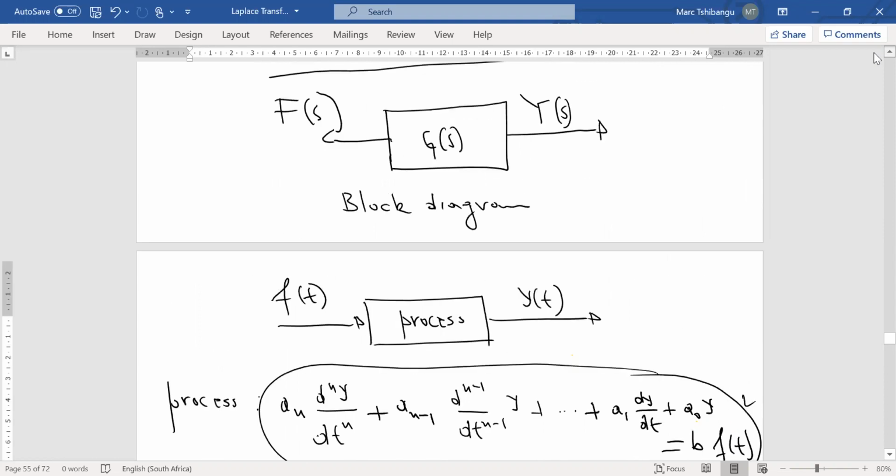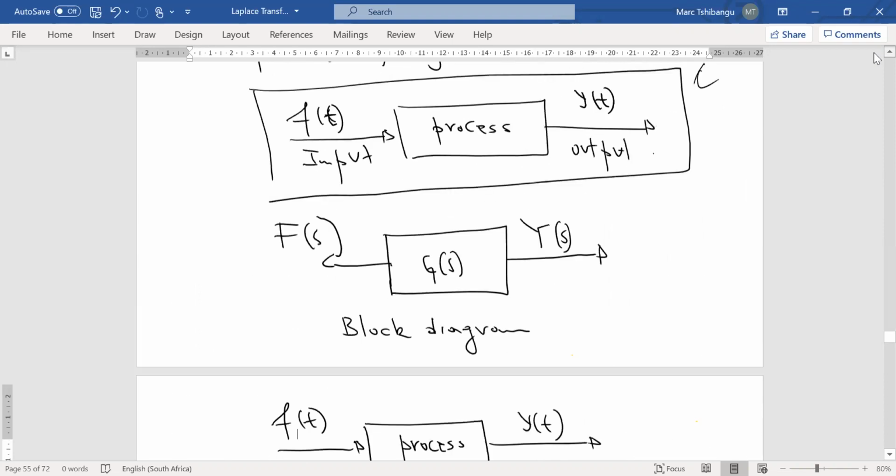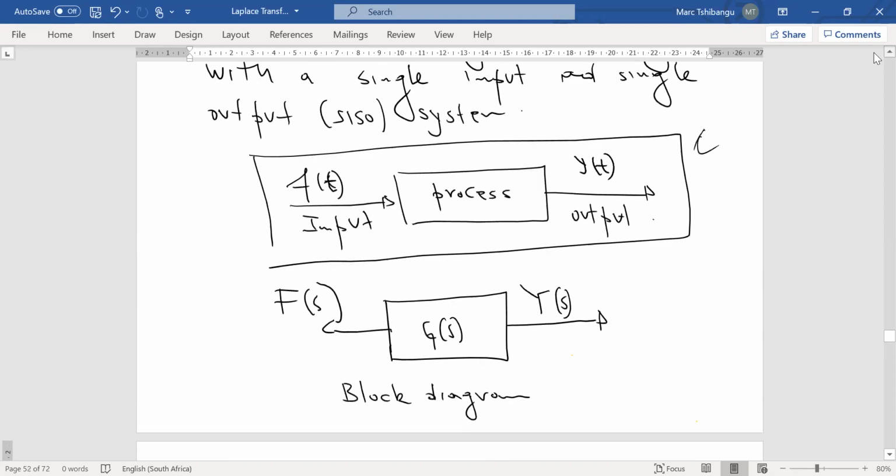I started by defining a transfer function. I told you it's an algebraic expression for the dynamic relation between selected inputs and outputs of a process model.